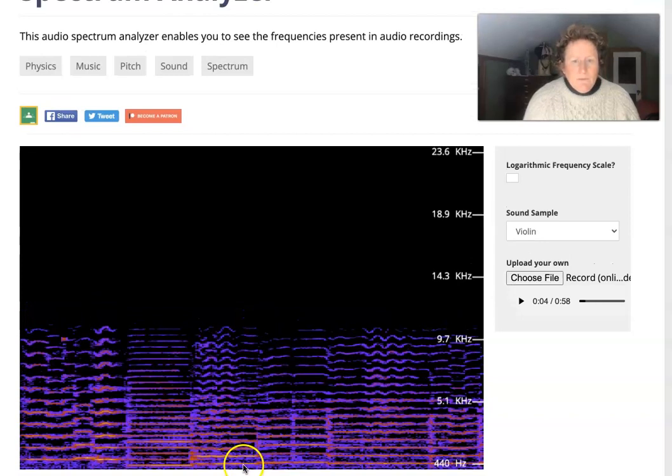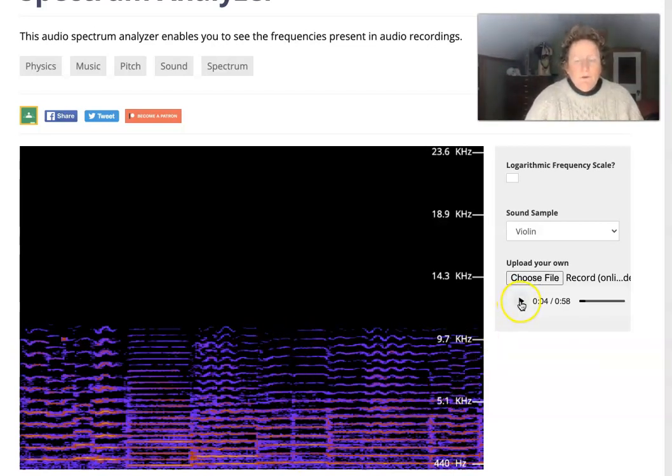If we count, we can count 1, 2, 3, 4, 5, 6, 7, 8, 9, 10, 11, 12, 13, 14, 15, 16, 17, 18. I count 18 different horizontal lines of harmonics, or 18 vertical layers here.